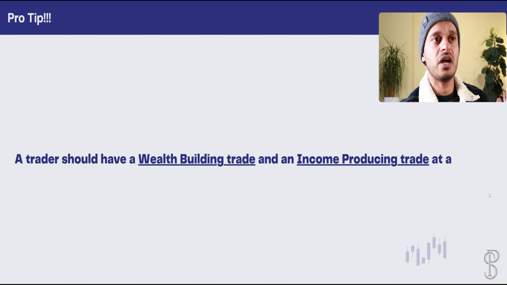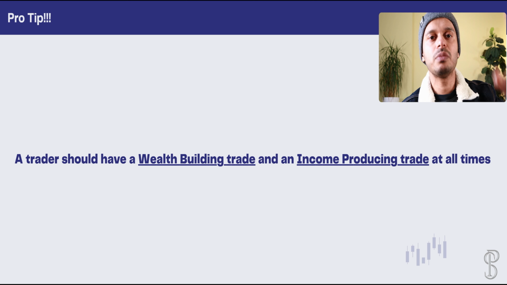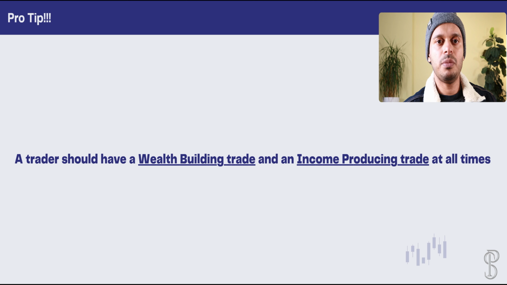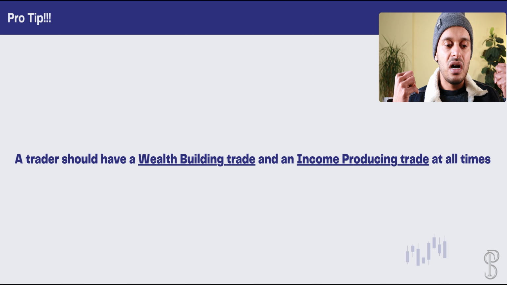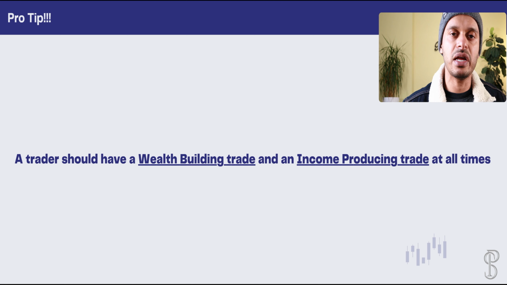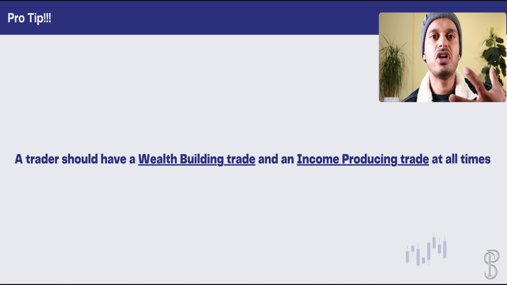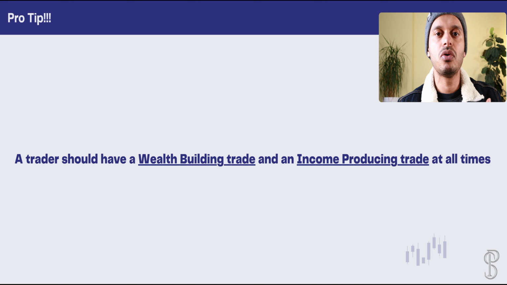Now a pro tip coming up for you. A trader should have a wealth building trade and an income producing trade at all times. You should never be just a wealth builder or just an income producer, but you should have both happening at the same time. The reason I say that is there could be a short-term trade that helps you get some monthly income coming in, but the long-term trades will help you satisfy your long-term goals and objectives as well.